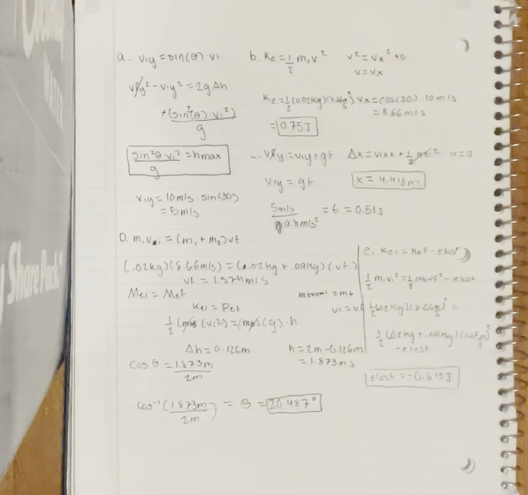For number F, we're trying to find the block as a simple pendulum, and calculate the time between when the dart collides with the block and when the block returns to original position. So we know when a simple pendulum completes one whole period, it comes from the original spot to each of the amplitudes back to the original spot.